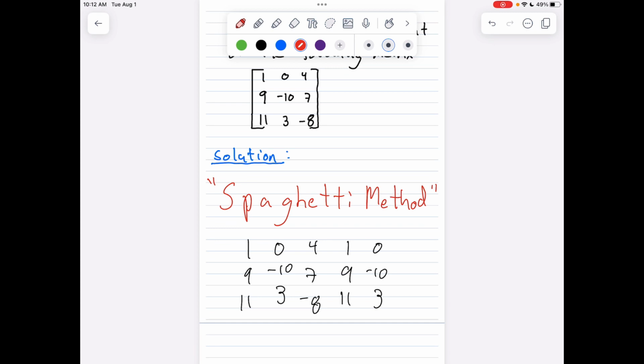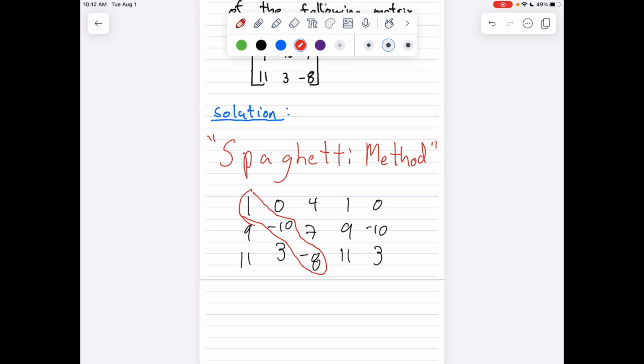Now, starting from the upper left, from the 1, I'm going to circle these numbers going down diagonally. So 1 times -10 times -8, and I'm going to multiply all those numbers so you get an 80.